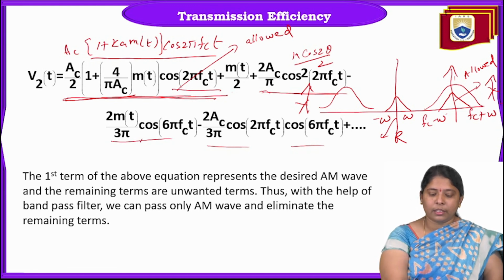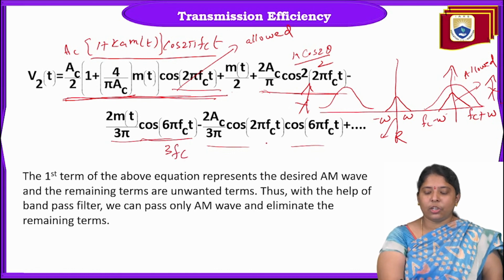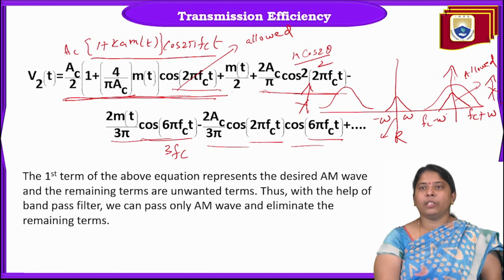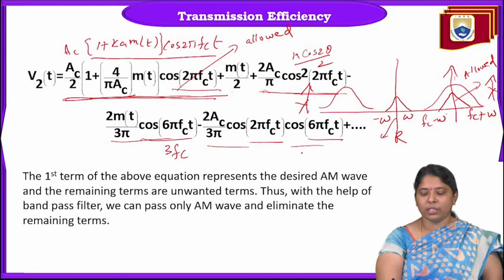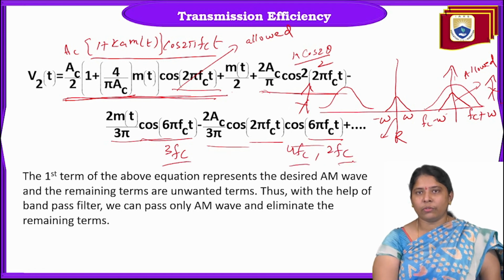And the next term, the frequency is 3Fc. It is also rejected. And the next term, 2 pi fct multiplied with 6 pi fct, gives a frequency of 4Fc, again more than Fc. So 2Fc, 3Fc, 4Fc are all rejected by the band pass filter.